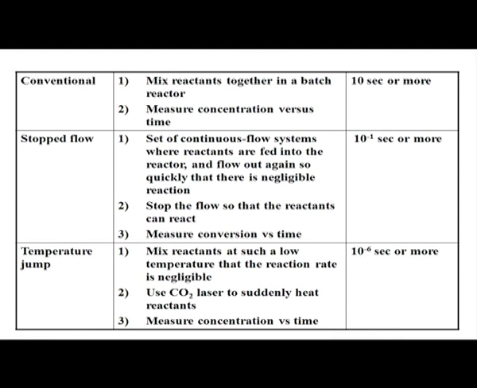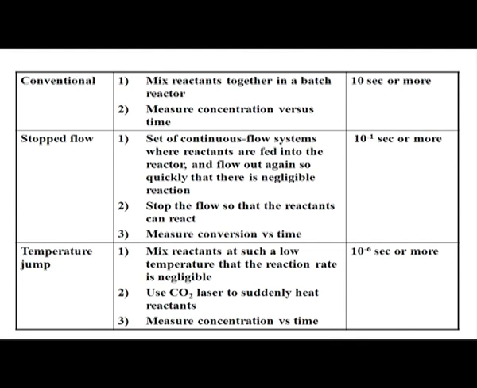For stopped flow, there is a set of continuous flow systems where reactants are fed into the reactor and flown out again quickly, so that there is negligible reaction. Stop the flow so that the reactants can react, and measure the conversion versus time. In that case it is 10 to the power minus 1 second or more.